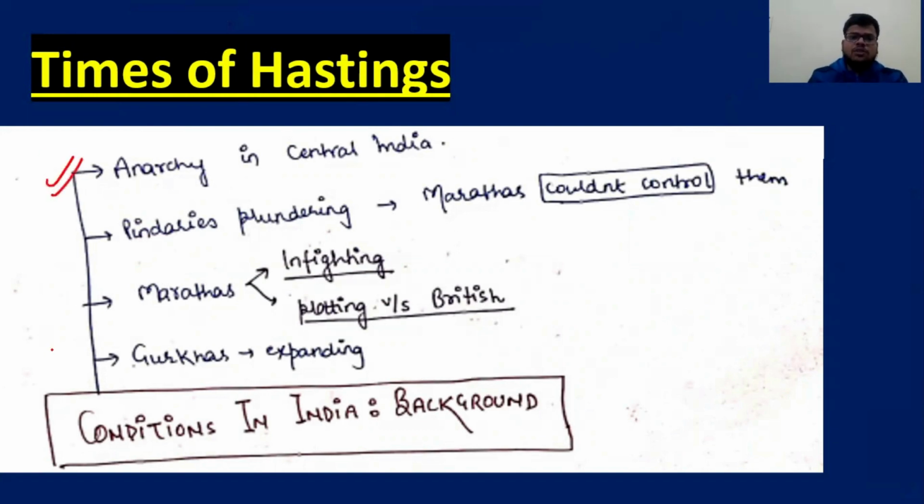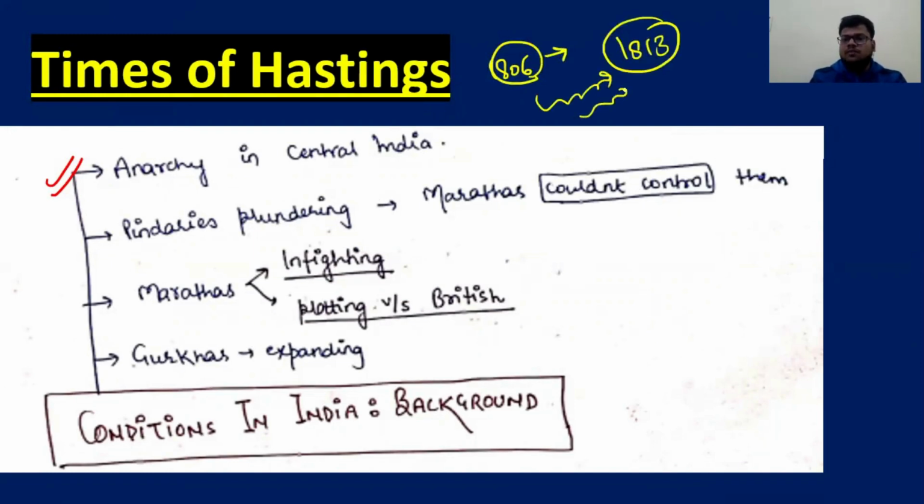So there was a lot of anarchy in central India. The last time the Marathas fought, they signed a treaty in 1816. In 1813, they were again recouping and their influence was increasing. So the Marathas were still not subdued. He will find anarchy in central India. The Marathas will take up their revenue, indulge in guerrilla warfare, and collect Sardeshmukhi and Chauth.